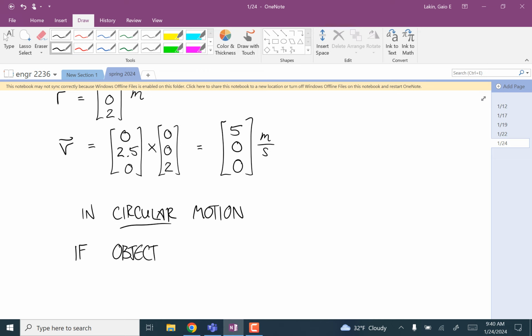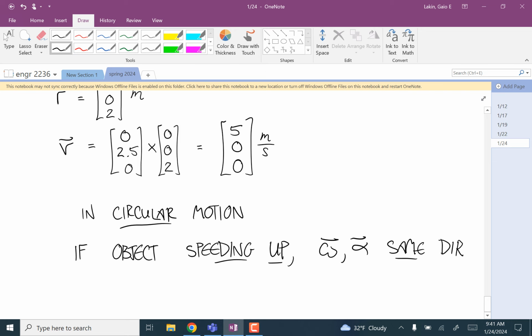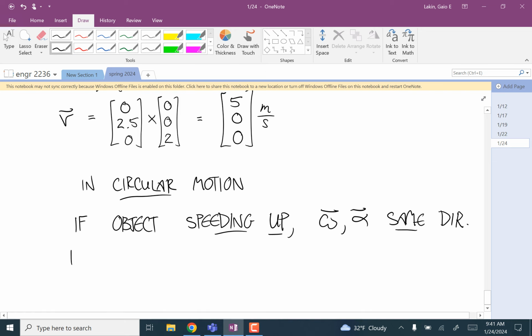That kind of defines circular motion. And if you're in circular motion where those two are parallel, then if an object is speeding up, omega and alpha are going to be in the same direction. And if an object is slowing down, they're going to be in opposite directions.